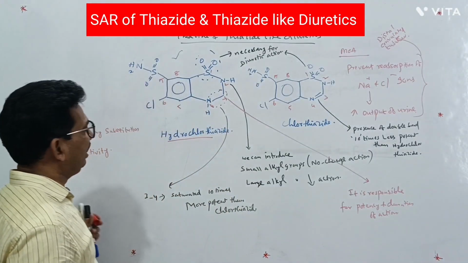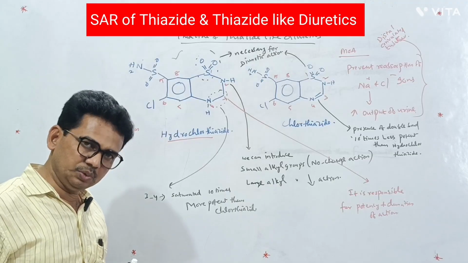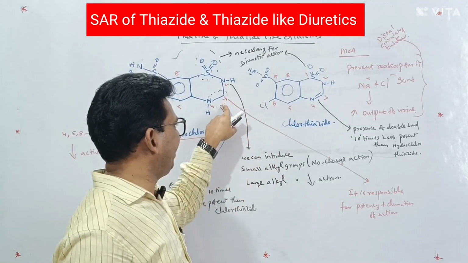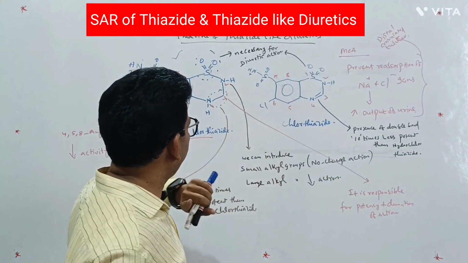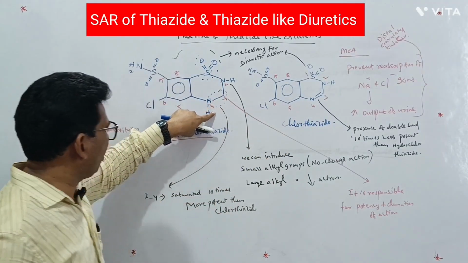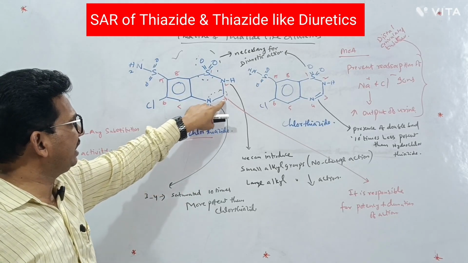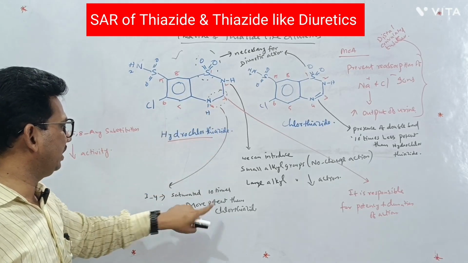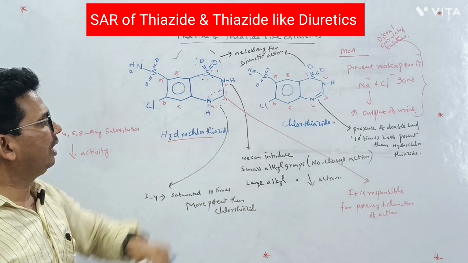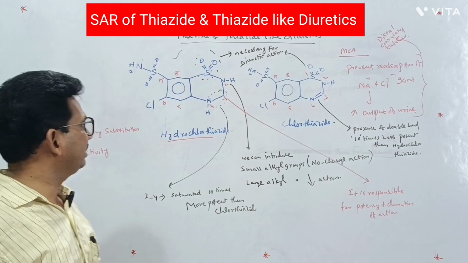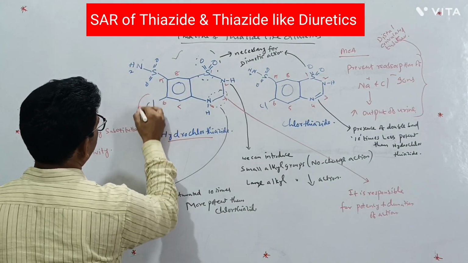Finally, at the third position there is no substitution, but it should be saturated, then it is more potent. Because of the hydrogen on this nitrogen, the saturation between the third and fourth position makes it 9 to 10 times more potent than chlorothiazide. Then the sixth position has the chloro group.